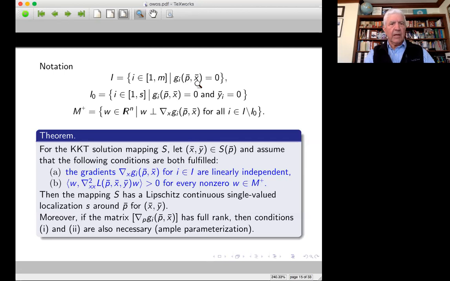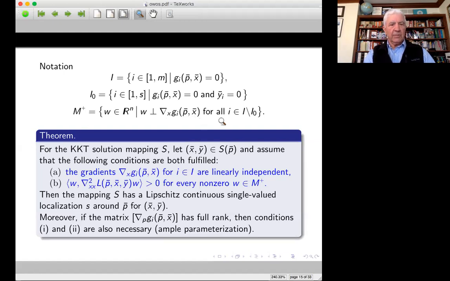The equalities are, of course, always active, and this is the index set where the constraints are active and the corresponding Lagrange multipliers are 0. This is something which Fiacco and McCormick assumed is empty. This set is empty, and this is the main difference between the Fiacco-McCormick case and Robinson's case. And then we have the so-called critical subspace, defined in this way.